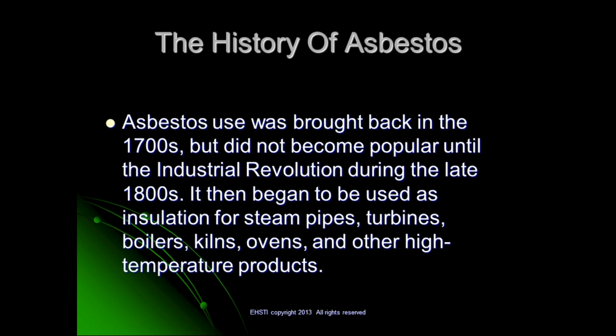Asbestos use was brought back in the 1700s, but did not become popular until the Industrial Revolution during the late 1800s. It then began to be used as insulation for steam pipes, turbines, boilers, kilns, ovens, and other high-temperature products.